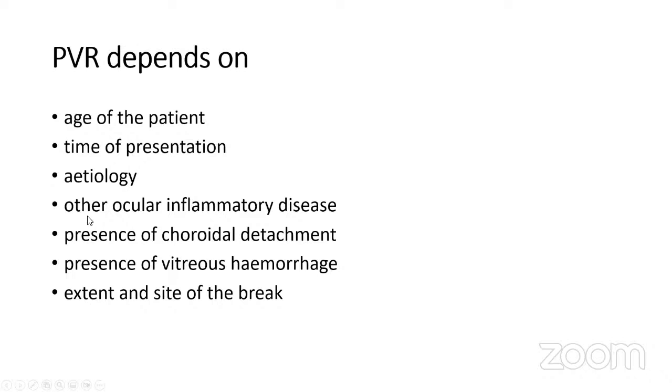Other ocular inflammatory disease, choroidal detachment, and vitreous hemorrhage are also associated with a higher rate of PVR formation. For the extent of the break, if the giant retinal tear is larger, there is more exposed RPE and higher risk of developing PVR, as well as the location of the break: inferior breaks are more prone to PVR.